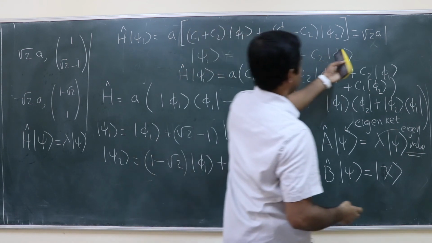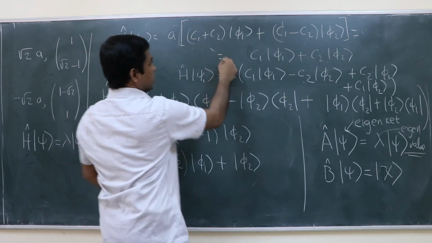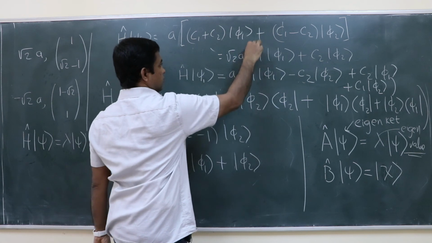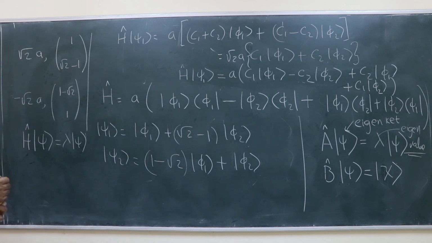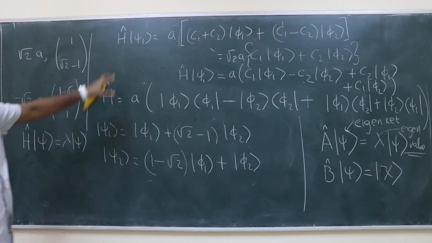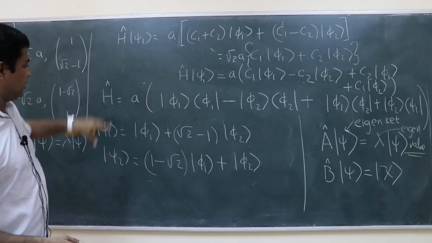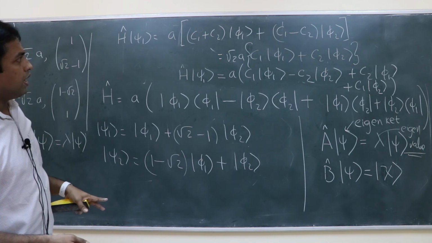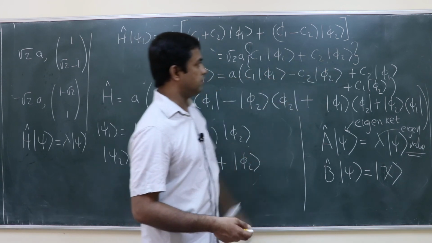Okay, so I just write it down. All of you clear about that? So H acting on psi 1, whatever the initial psi, you can write it in terms of phi 1 and phi 2, and that should be equal to the eigenvalue equation, root 2a into that psi 1 itself.